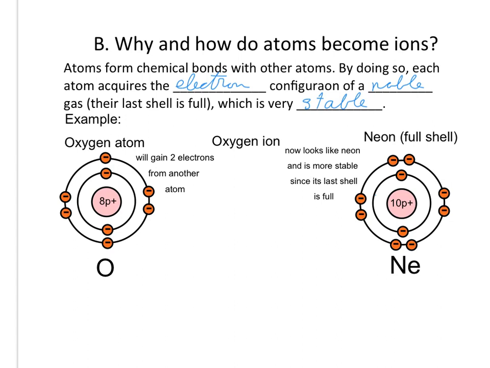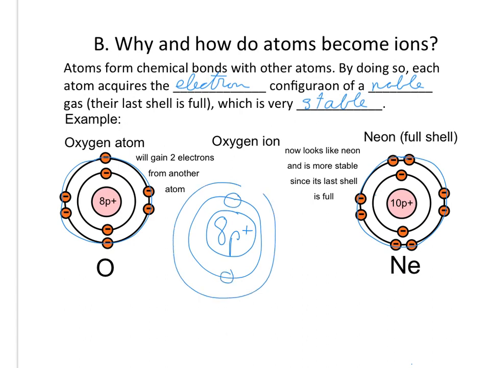So remember, we want to have a last full shell like a noble gas. On the last shell, it has 6 valence electrons, so it's missing 2 in order to be like neon, which has a full shell with 8 valence electrons. So we're going to draw oxygen again. The nucleus never changes. You cannot change what that is. The protons are too deep inside. So that's 8 protons, 2 electrons on the first shell, and on the last shell, we used to have 6.